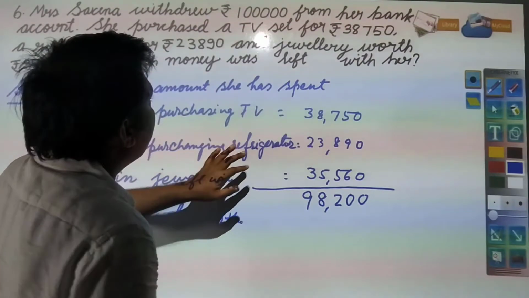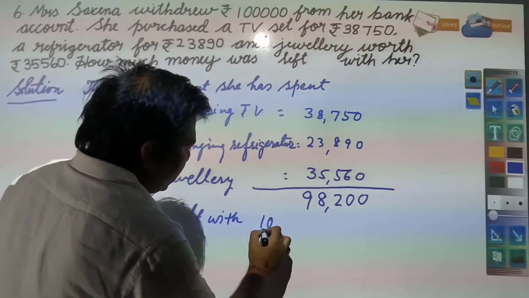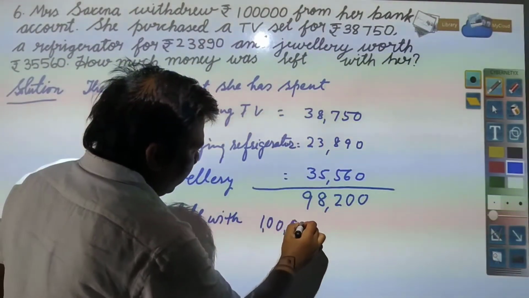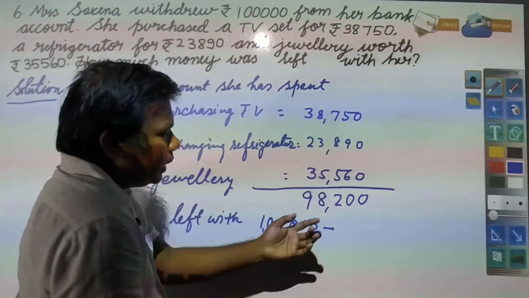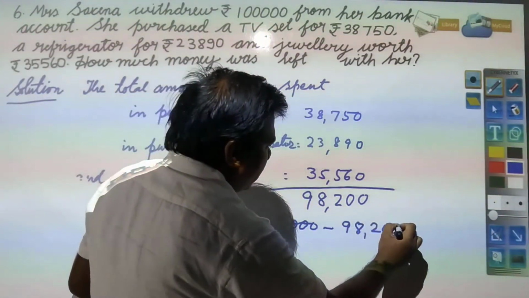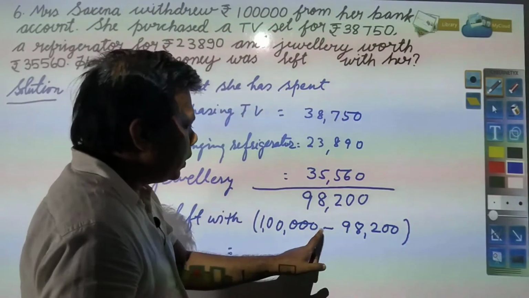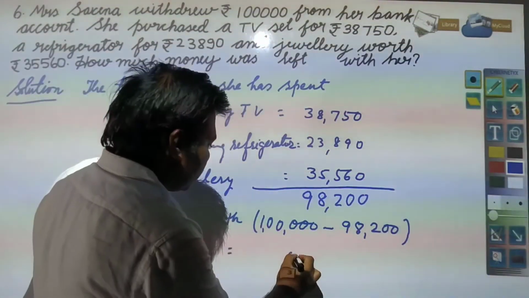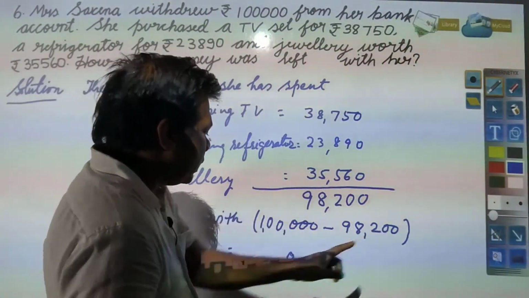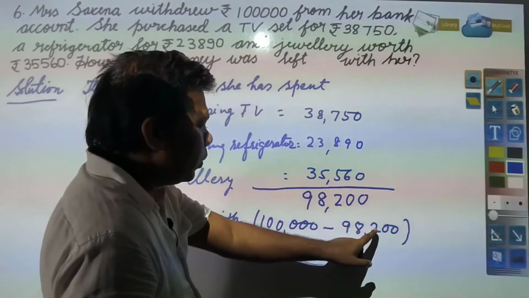how much money she had withdrawn? 1 lakh rupees. So we need to subtract from 1 lakh the money she spent. It means 98,200. So you need to subtract this. You subtract this, 0 minus 0 you will get 0, 0 minus 0 you will get 0, 0 you have, and you need to subtract 2.